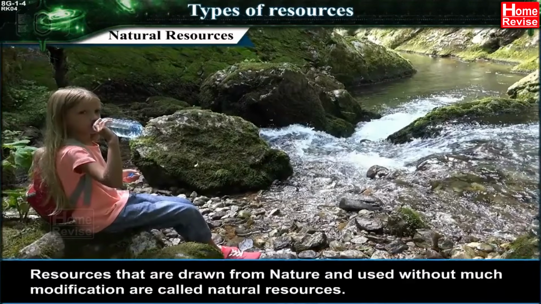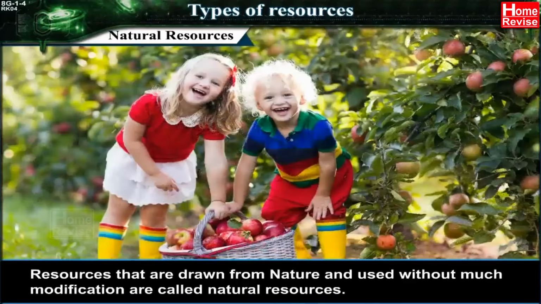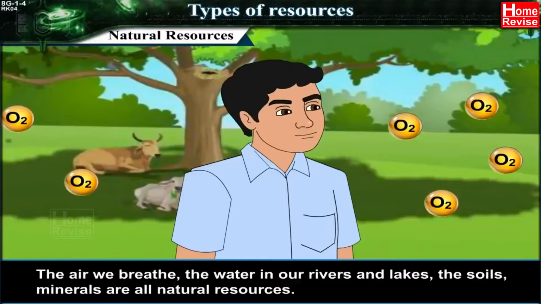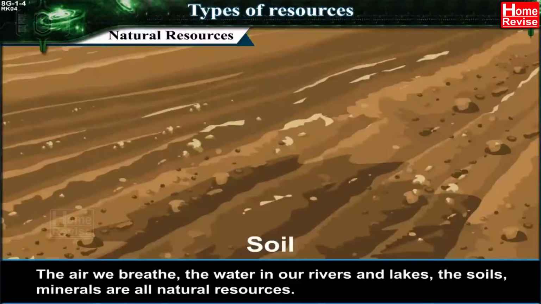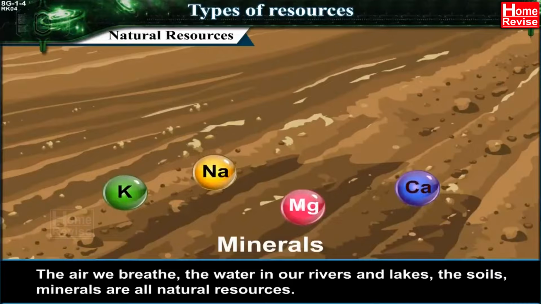Resources that are drawn from nature and used without much modification are called natural resources. Like the air we breathe, the water in our rivers and lakes, the soils, minerals are all natural resources.